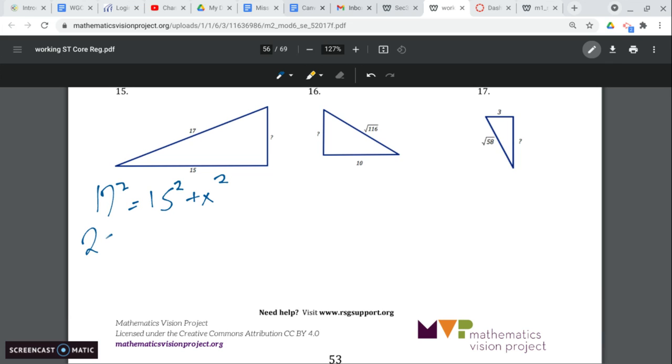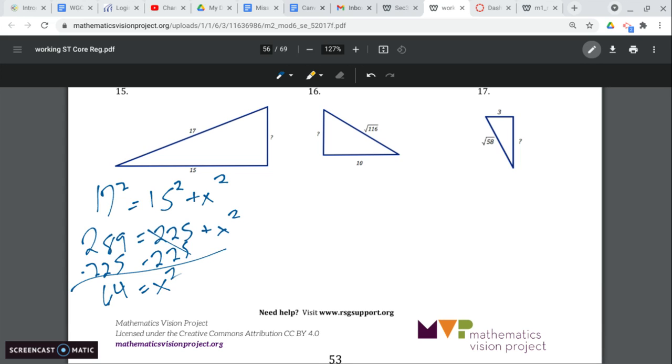Yep. 289 equals 225 plus x squared. We subtract the 225. So 289 minus 225 is going to give us 64 equals x squared. Take the square root, so 8 equals x. So this is 8 right there.